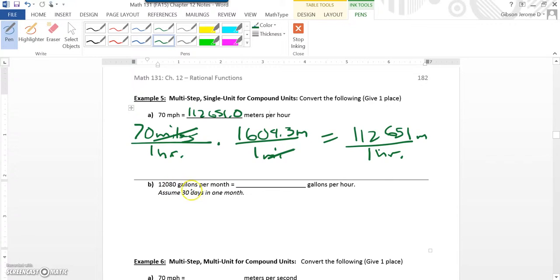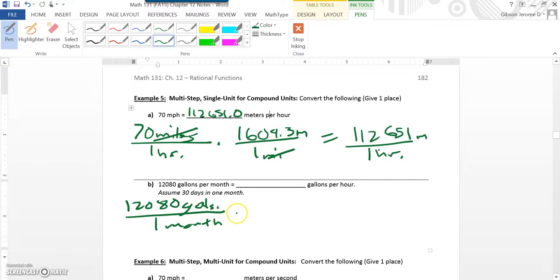Now it says 12,080 gallons per month is equal to blank gallons per hour. So we would take 12,080 gallons and divide it by 1 month. And then we want to change this to gallons per hour.